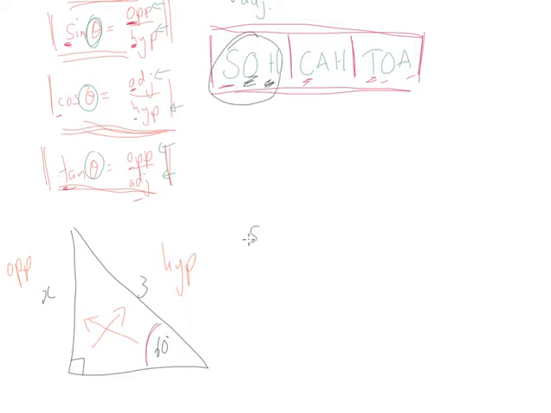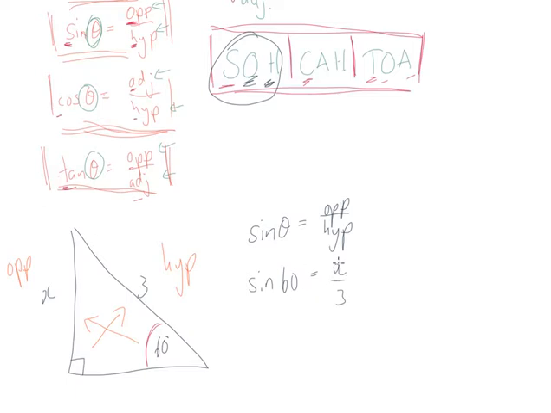So sine theta is opposite on hypotenuse. My angle is 60, so I get sine 60 equals x on 3.